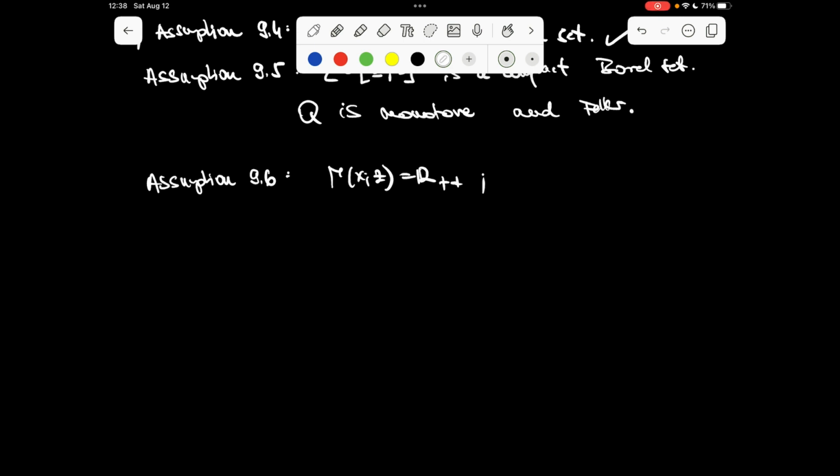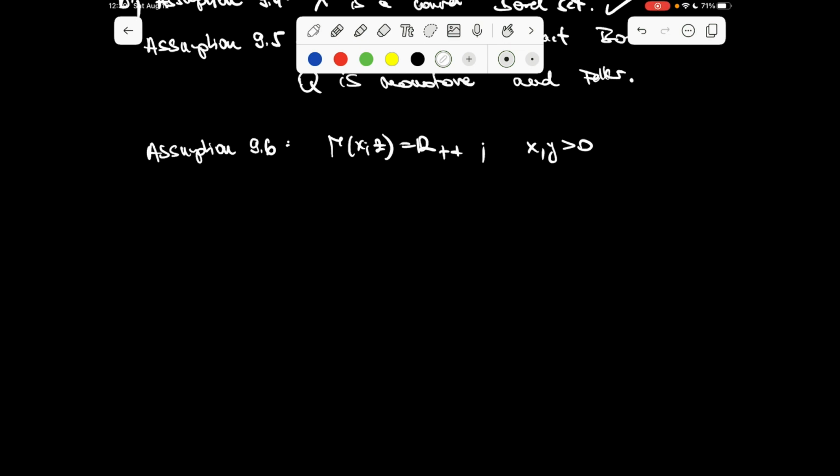So simply put, this relation implies that X and Y are non-negative. The textbook offers a solution to the problem because according to assumption 9.6, correspondence gamma is supposed to be non-empty. Okay, it's non-empty, but it's supposed to be compact valued and continuous.